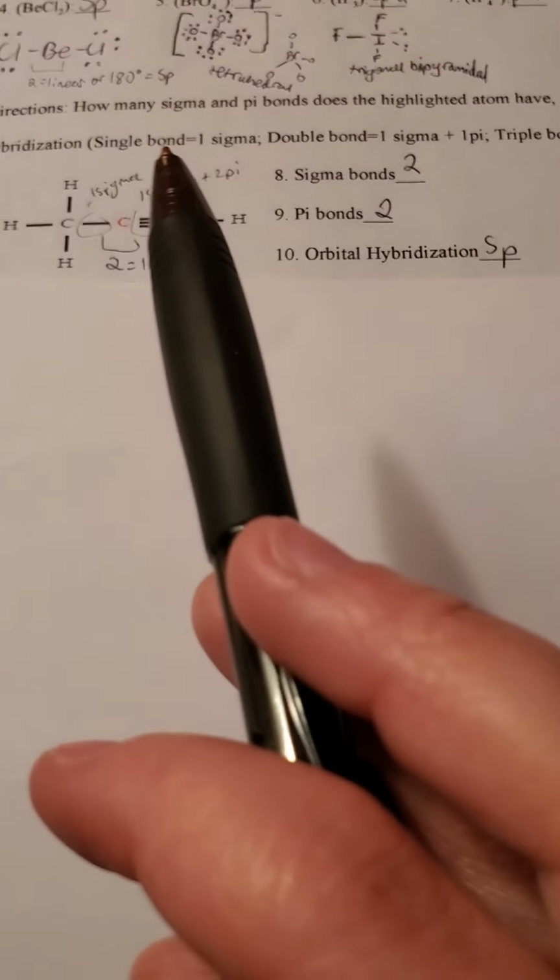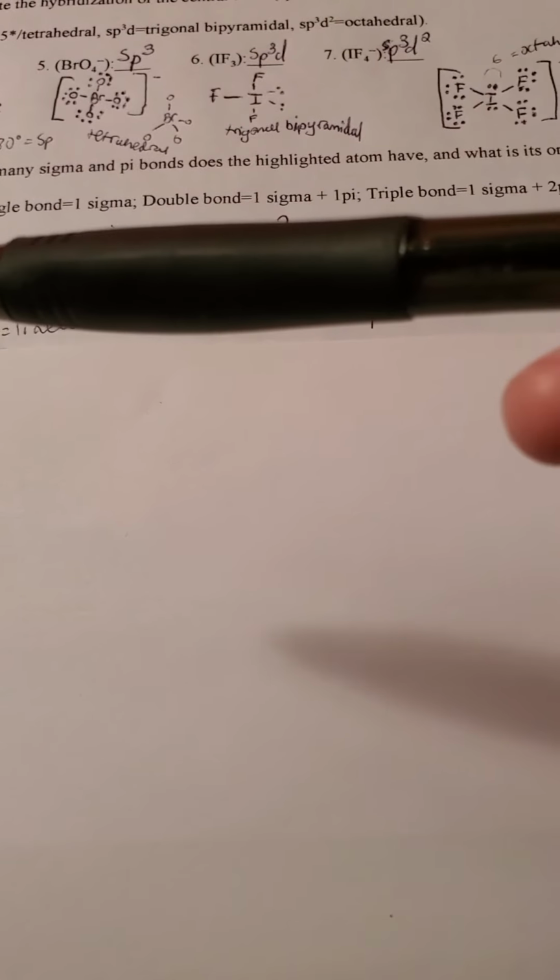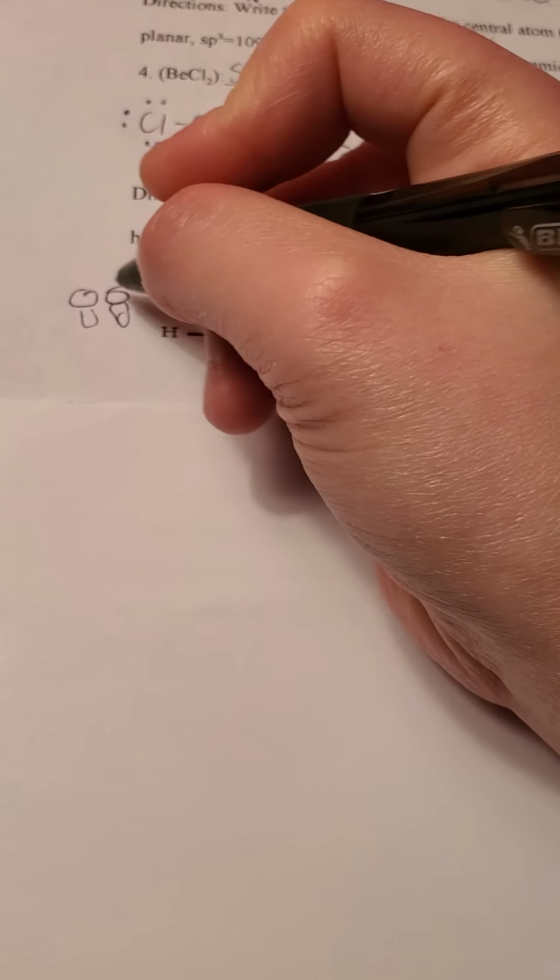Okay, so then for sigma and pi bonds. The bond type sets up how many sigma or pi bonds you're getting. For a single bond, it's usually 1 sigma. For a double, it's 1 sigma and 1 pi. And for a triple, it's 1 sigma and 2 pi's. The pi bonds usually look like this, forming that pi symbol that you know of.